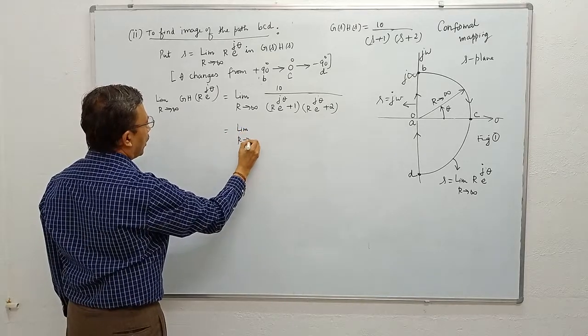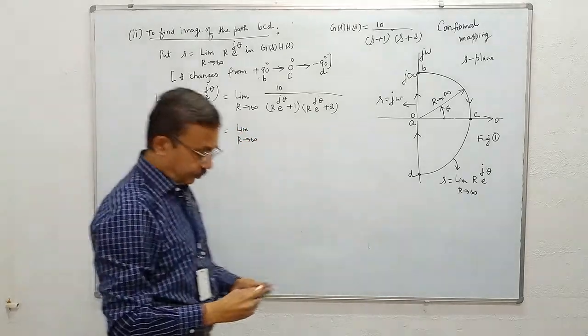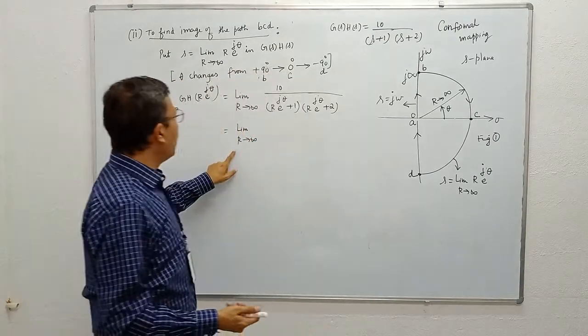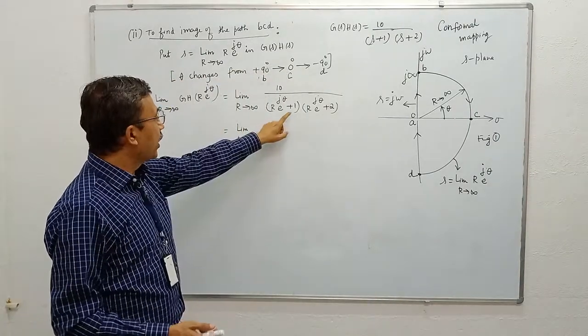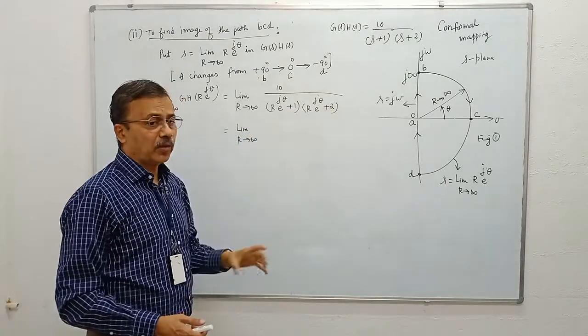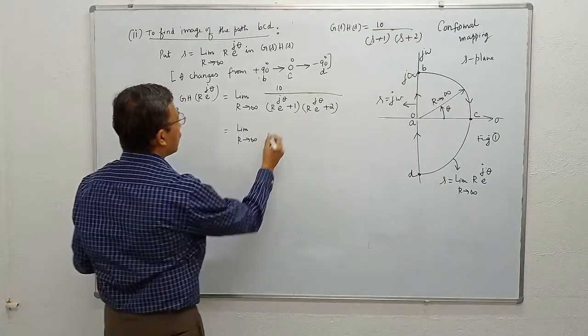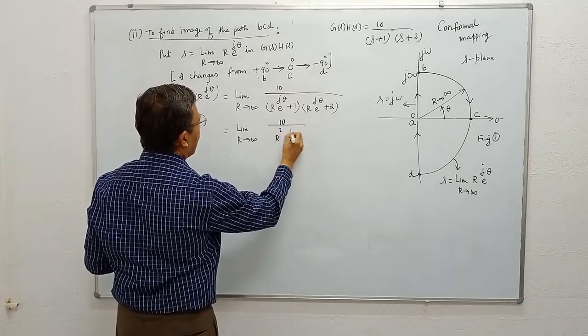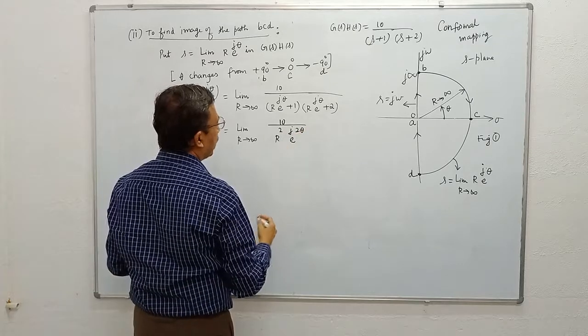R tends to infinity means r is very large. Neglect 1 with respect to r, neglect 2 with respect to r because r is very large. So you get 10 divided by r square into e to the power j 2 theta.